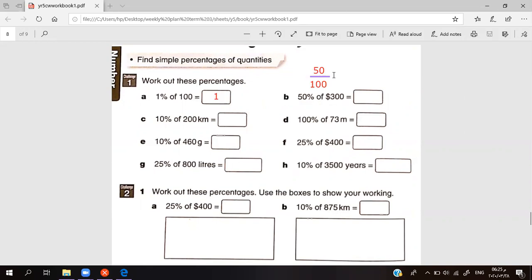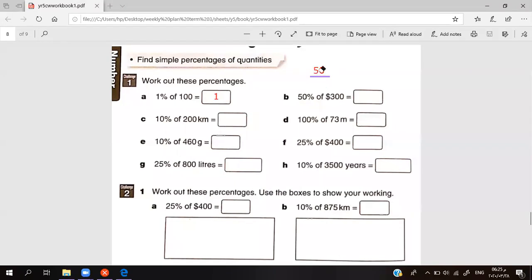Remember, I'm getting a fraction of a quantity, but with a percent. If you are smart, you'll know that 50% is a half, right?